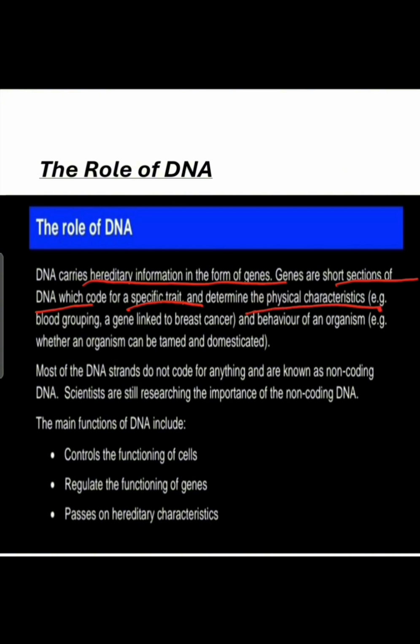That determines whether you're going to be short or tall, whether your eye color will be blue or brown, and what your hair color would be. So your genes determine all your physical characteristics, right?